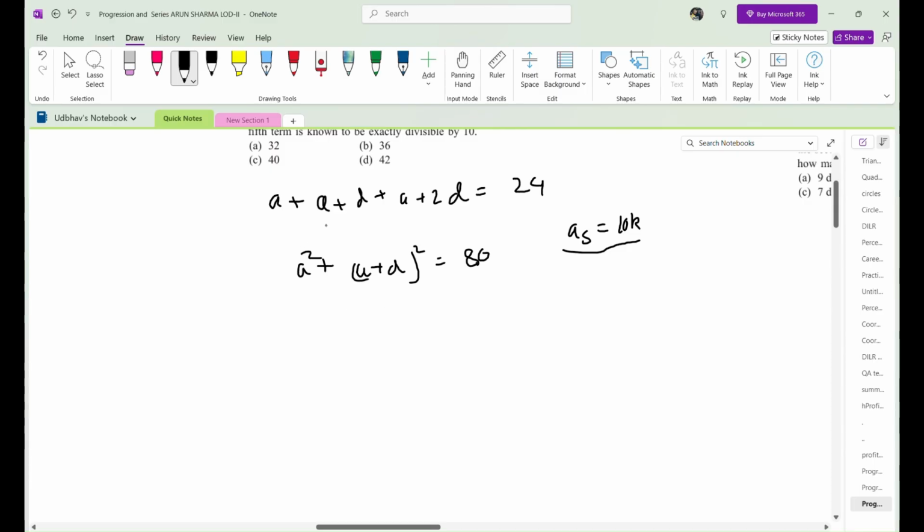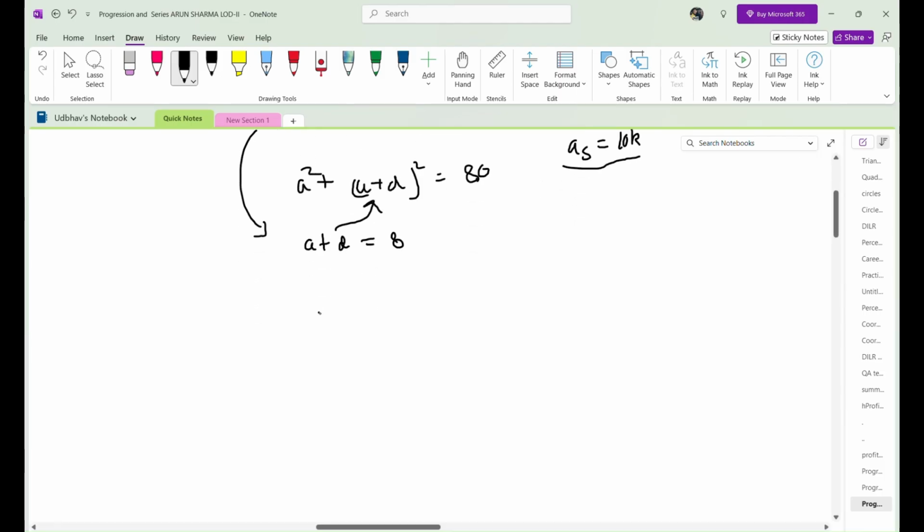We can add all this up and we will get 3a plus 3d equals 24. We will get a plus d equals 24 upon 3, that is 8. We can put a plus d here. We will get a square plus 64 equals 80.